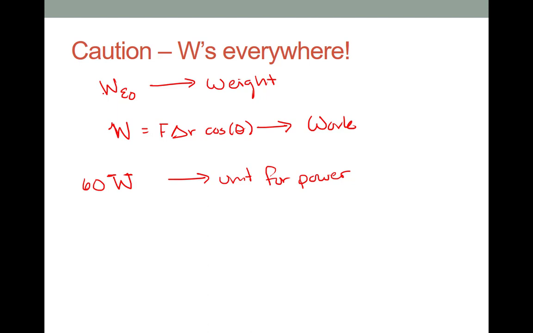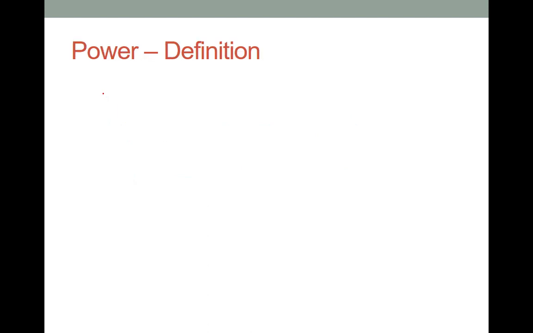Now, by definition, average power is the change in work divided by the time it took for that to happen.